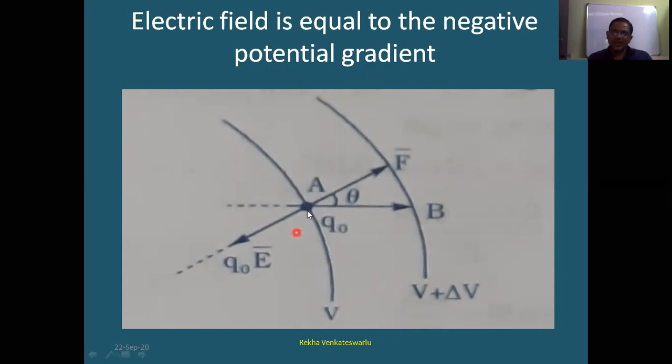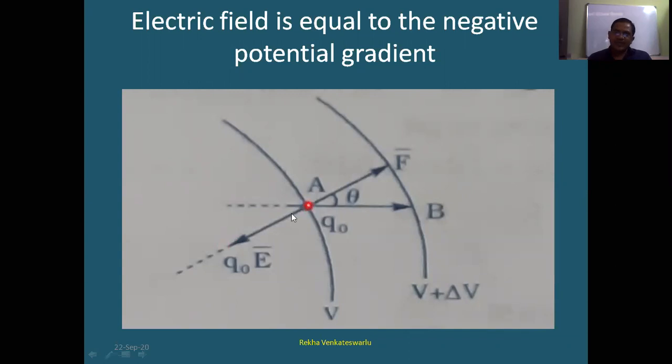Now, a test charge Q0 is moving by the field from point A to B. We will discuss equipotential surfaces in detail in the next class also. On the equipotential surface, the electric field strength is normal to the surface at that point.